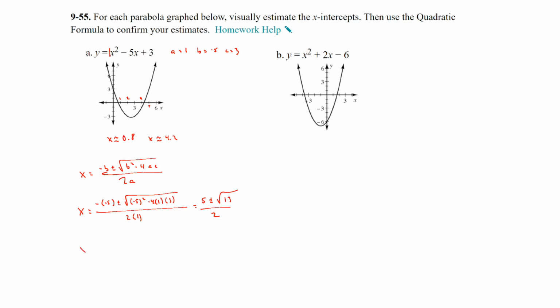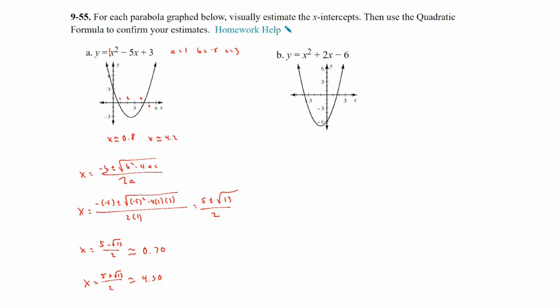And we can separate it into our two parts. We have x is equal to 5 minus the square root of 13 divided by 2. What does that approximately equal? And x is equal to 5 plus the square root of 13 divided by 2. And what is that approximately equal to? So you can plug that into your calculators and see what you get.